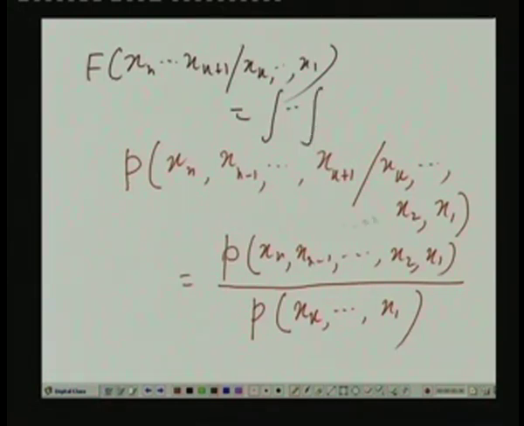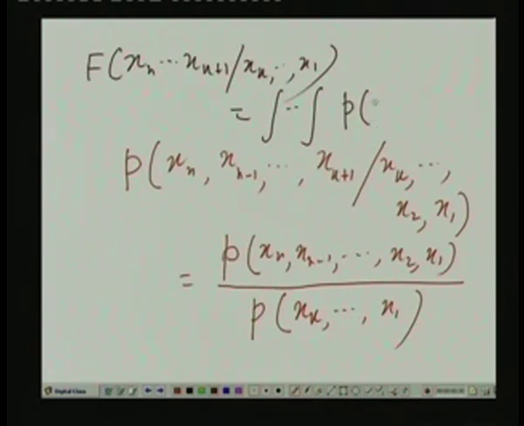That is, you have to just integrate this conditional density function with respect to these variables xn, xn minus 1 down to xk plus 1 over their entire range. No, sorry, from minus infinity up to the value xn to xk plus 1.